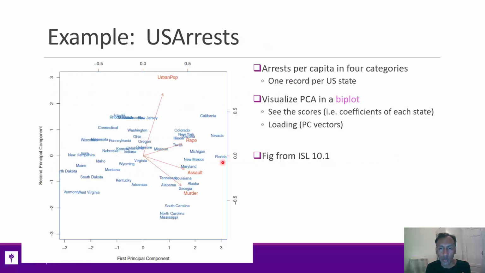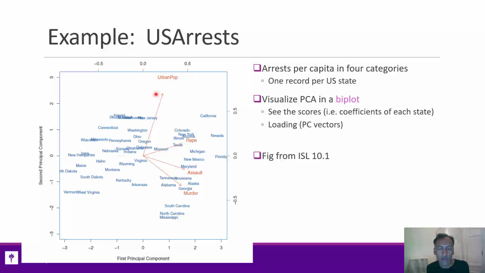Let me show you one visualization of this, in a sociological example which comes from the text. In this case, there are a number of US cities, and for each city there are 4 types of crime recorded: rape, assault, murder, and some property crime.